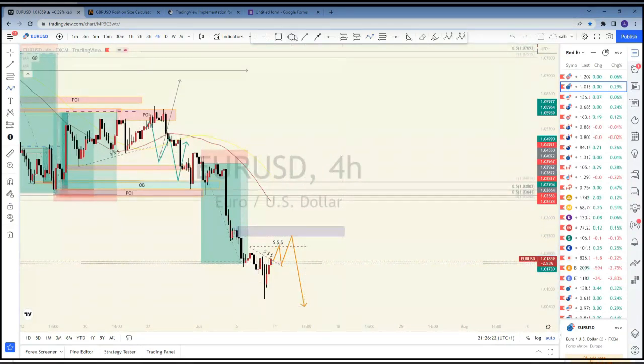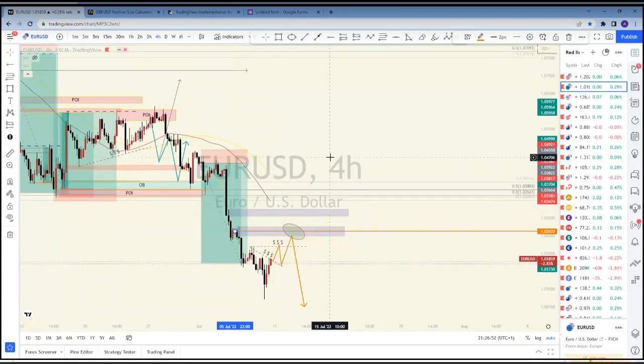So one of my preferred entry zones would be somewhere around here, either there or somewhere around this level, depending on the momentum Euro USD gives us. By way of entry, if you're my student right now, you should know the areas that we're looking at for entries.